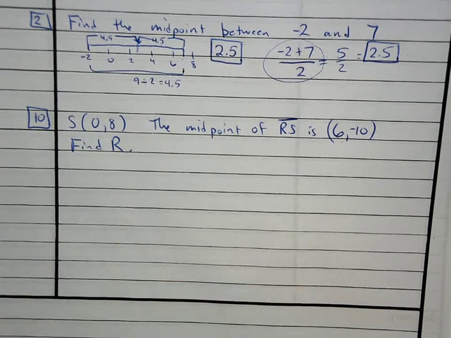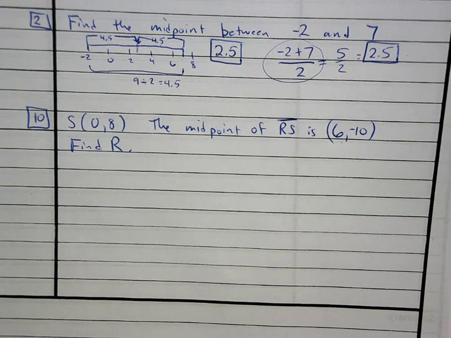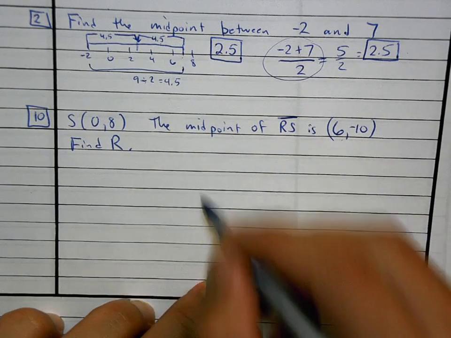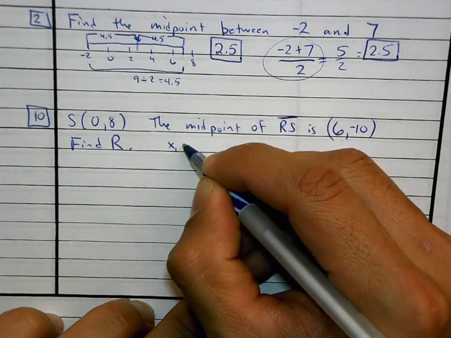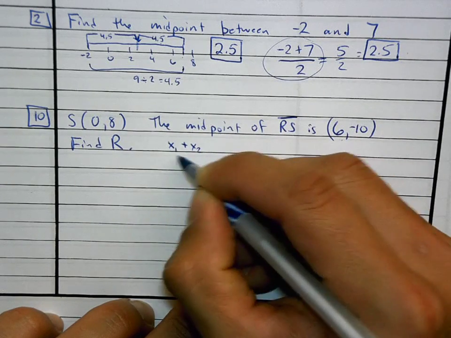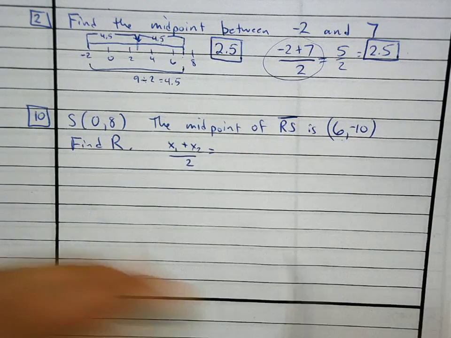So in this particular case, you're going to have to work backwards a little bit. Okay? Let's just set up our formula real quick. I know that x1 plus x2 divided by 2 should equal the midpoint, right?